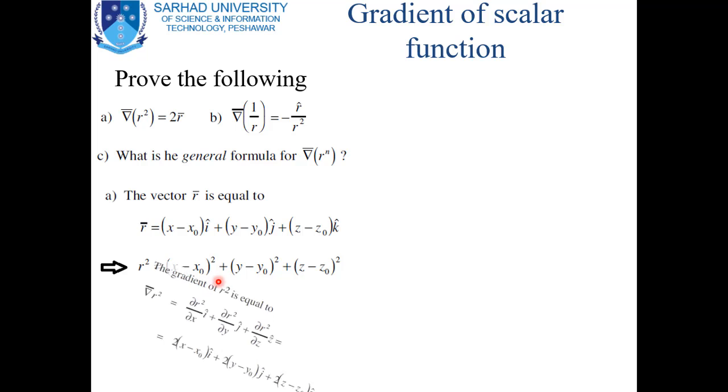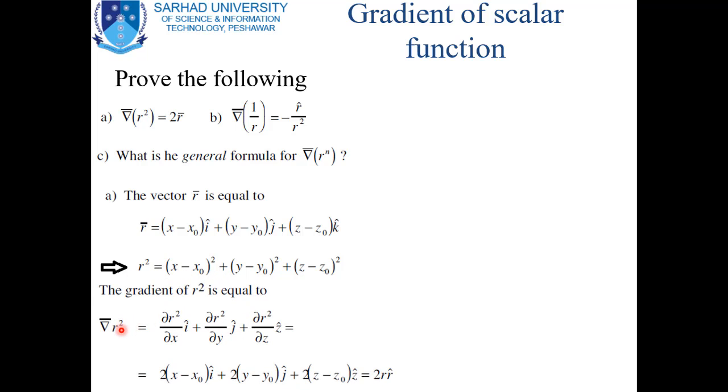Now we will operate del on r square and we will have del by del x of r square into i plus del by del y of r square into j plus del by del z of r square into k. After the derivative with respect to x, y and z, we will have 2(x minus x naught) i plus 2(y minus y naught) j plus 2(z minus z naught) k.